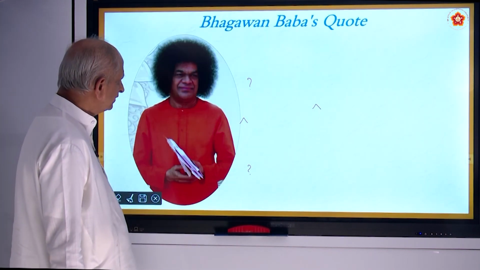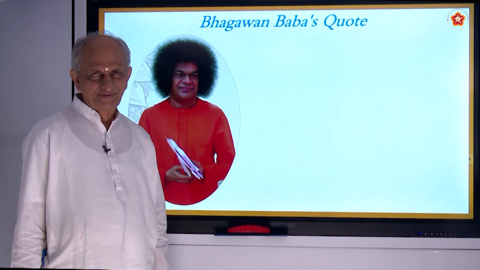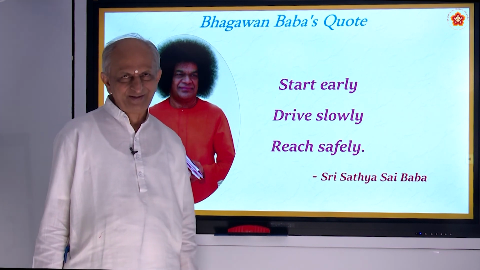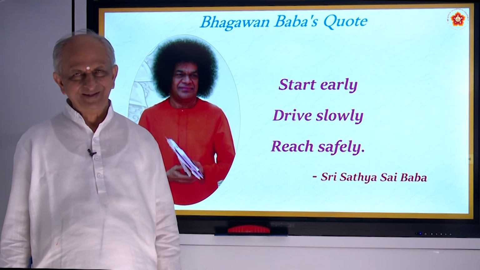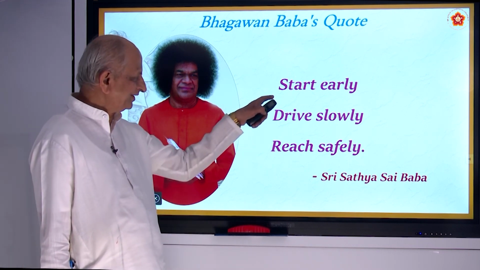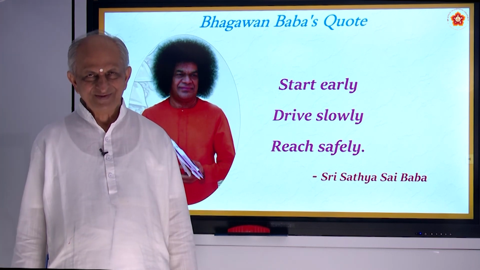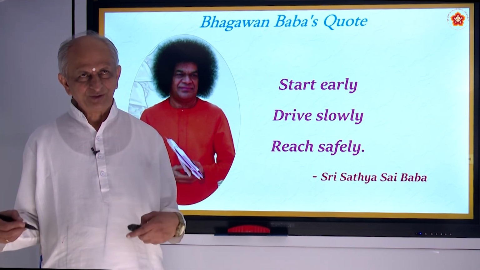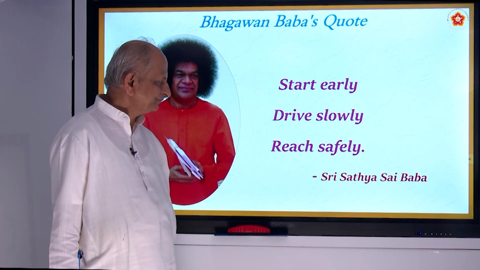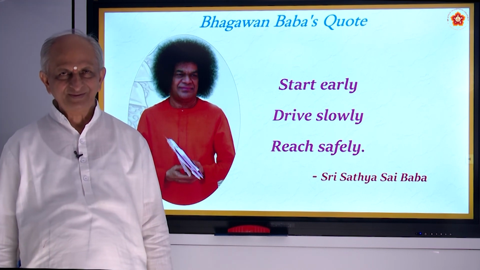Okay. Now let us see what Bhagwan Baba says for all of us. He has a message. Start early, drive slowly, reach safely. This is especially for a journey, he says. Life itself is a journey, no? So whenever you want to start a journey, you must start early. And you should not be rash in driving. How many of you know driving?